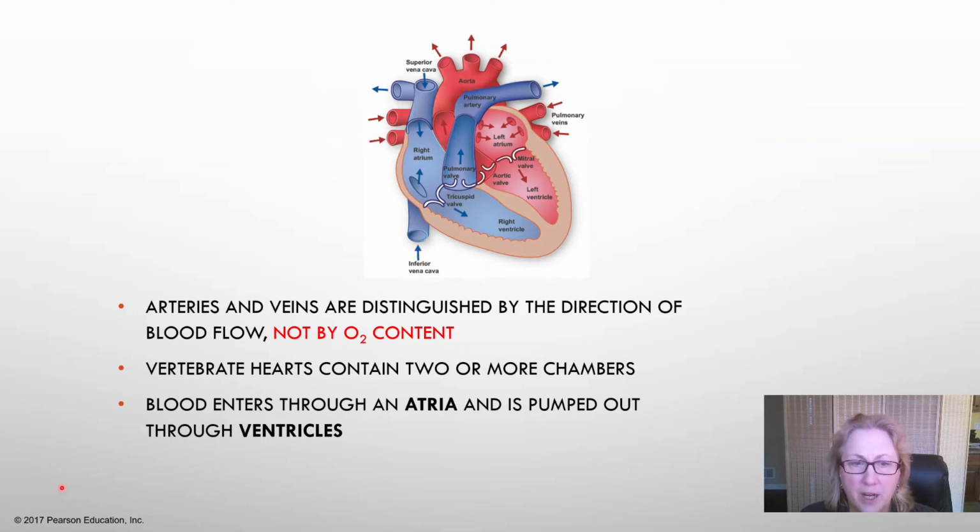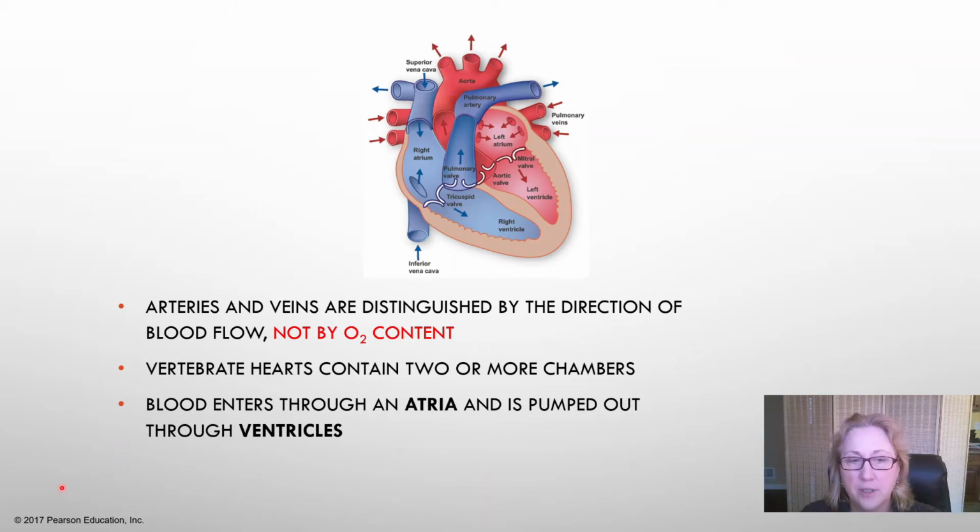The chambers of the heart that blood enters into are called atria, which is plural. Atrium would be singular. This is Latin for, well, you probably know the word atrium. In a building, it's the first room that you enter when you enter an office building or something. It's the same root.